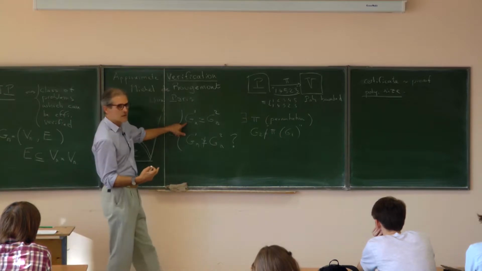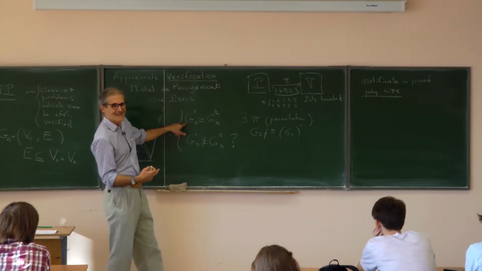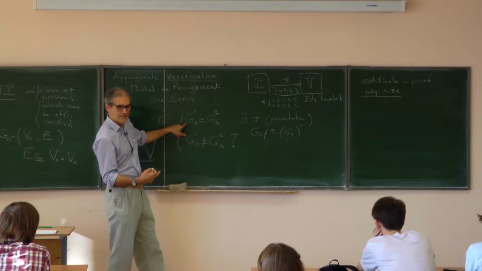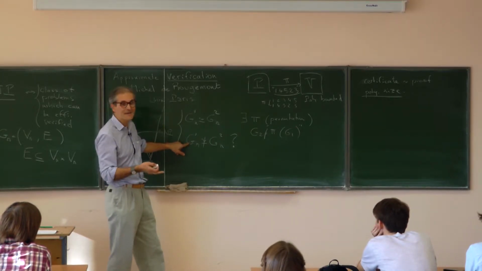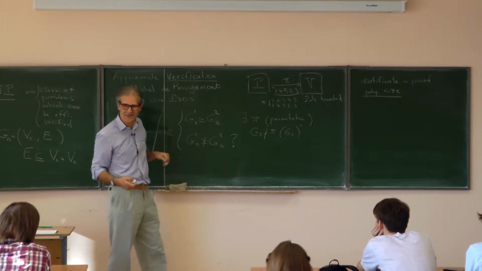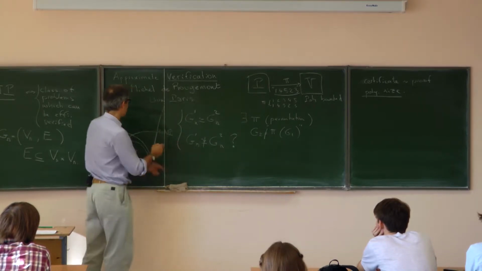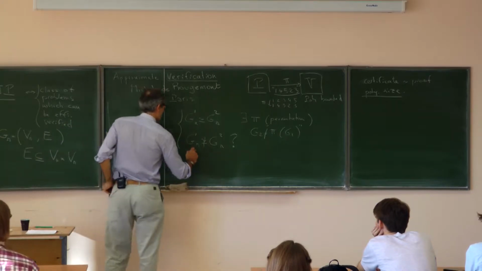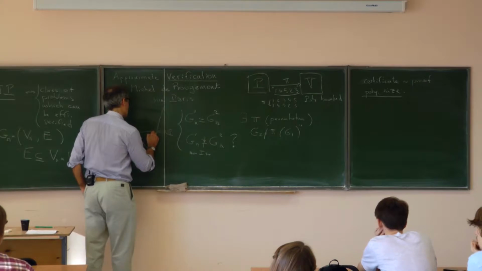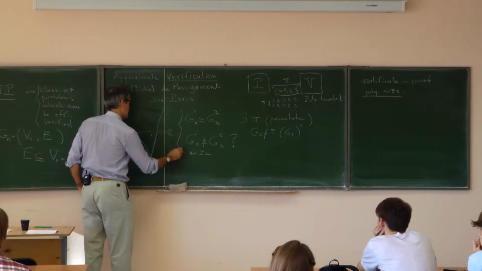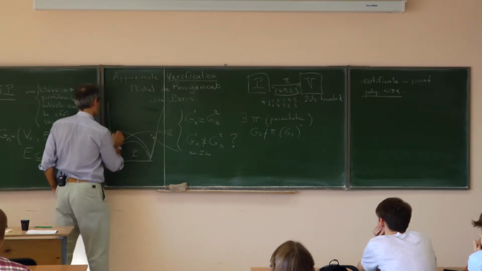So if this problem isomorphism is in NP, then its complement, because I switch 0 and 1 if you want, is in co-NP. Usually this is called non-isomorphism. So non-isomorphism is a problem here. Okay, isomorphism is a problem here.